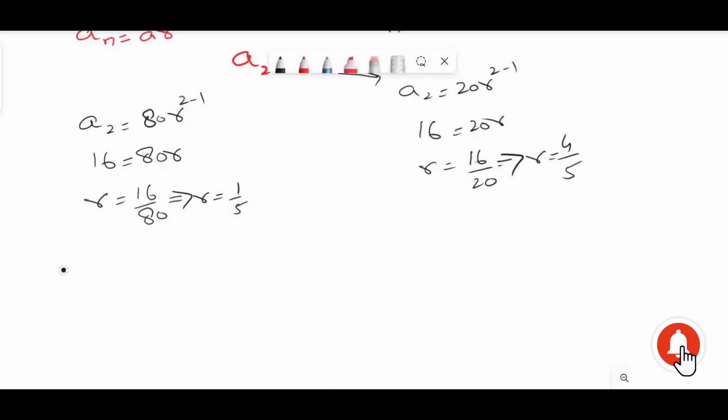Be very careful about this: the left-hand side is for when the value is 80 and the right-hand side is for the value of 20. Now let's see what the value of a_n will be. For n, a_n will be equal to a r to the power n minus 1. Here a is 80 and r for this case is 1 by 5.